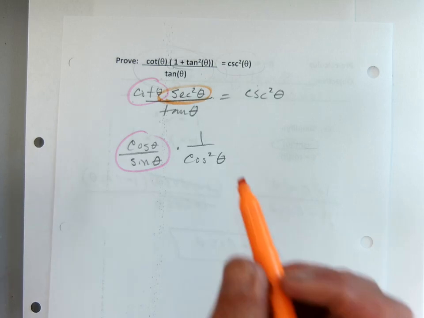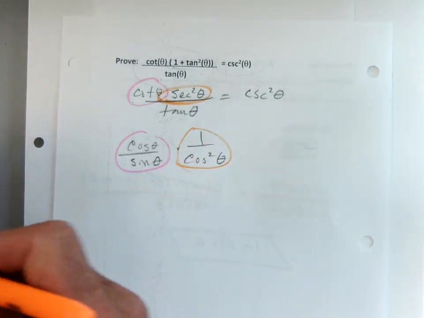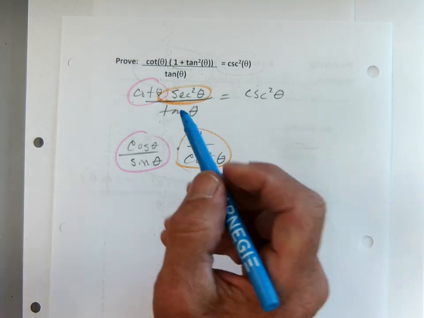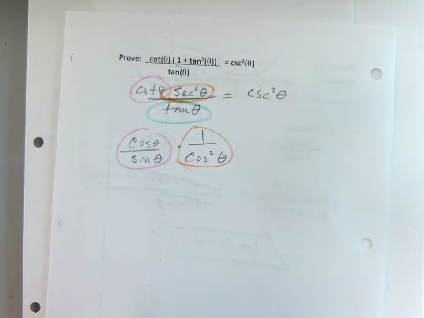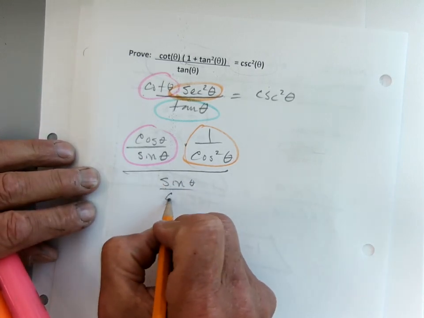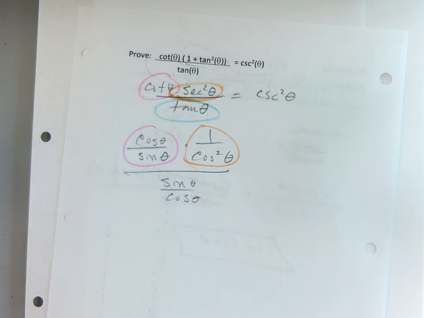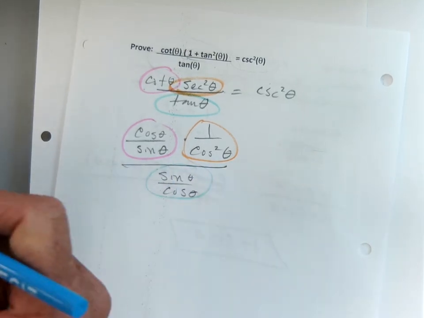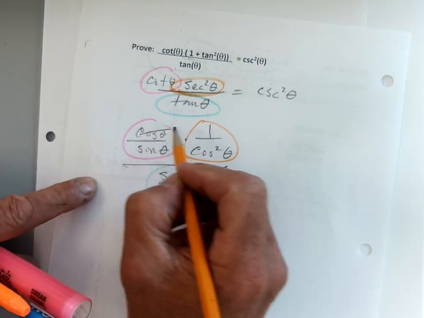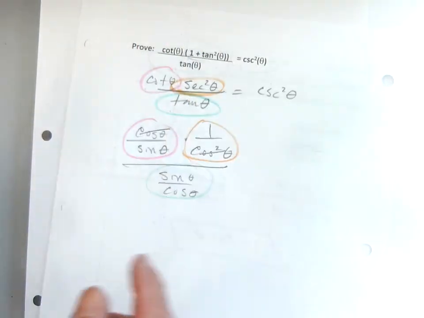Okay, and then all over tangent, which I'm going to rewrite as sine over cosine. So all over sine theta over cosine theta. Now it looks worse, but I can get a little bit of simplification. So first of all, I notice that I can cancel for sure a cosine with a cosine. And then I'm going to invert and multiply.